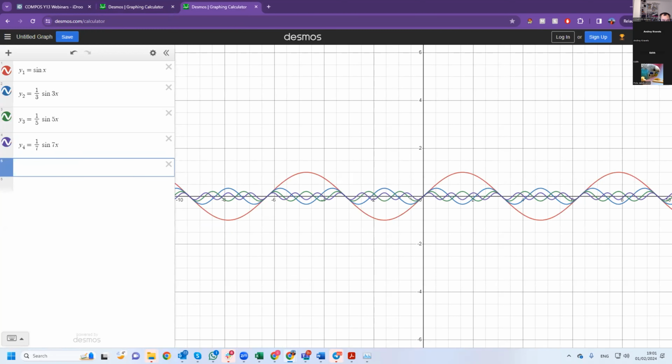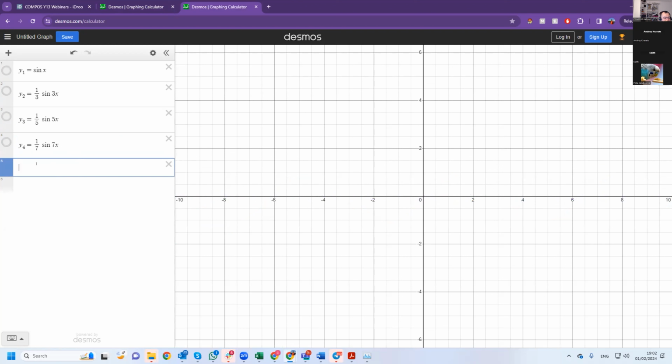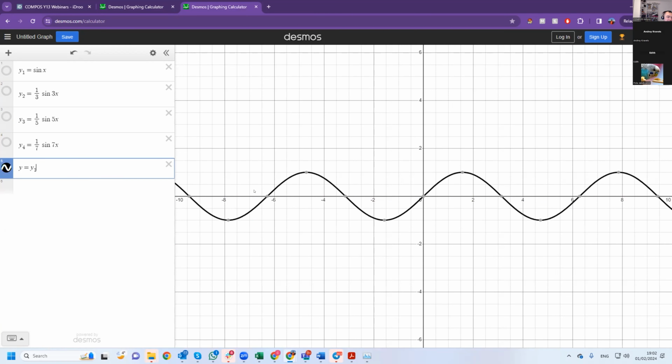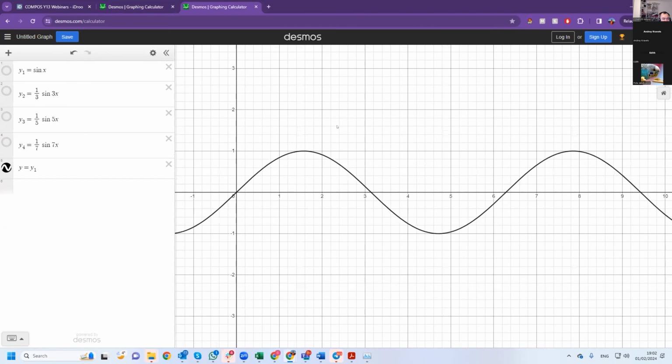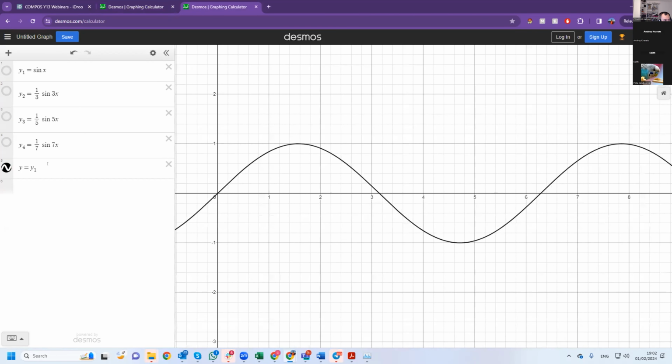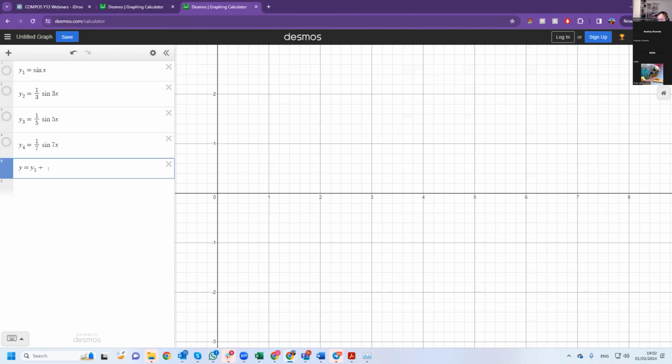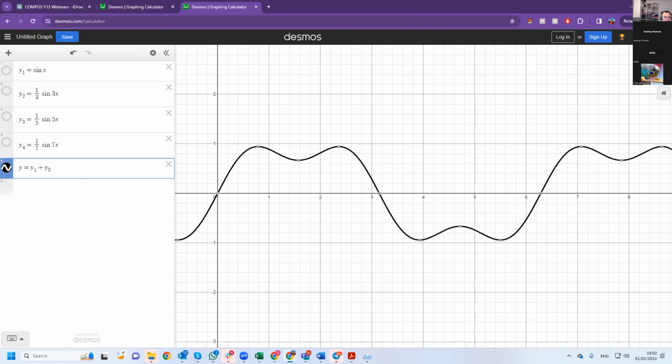Well, you can predict the shape. You should know very well by now how they look. So I'm just going to draw a graph. Y equals y1, a beautiful sine graph. No surprises there. Now I'm going to add y2.